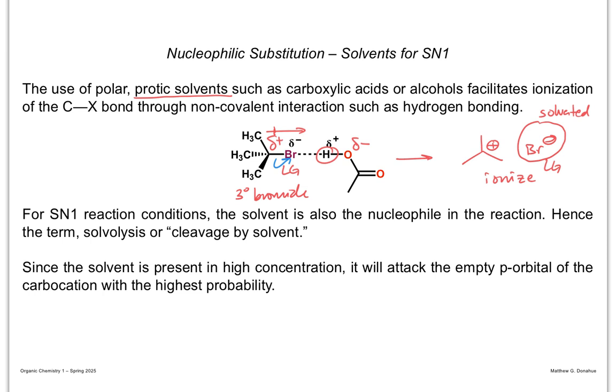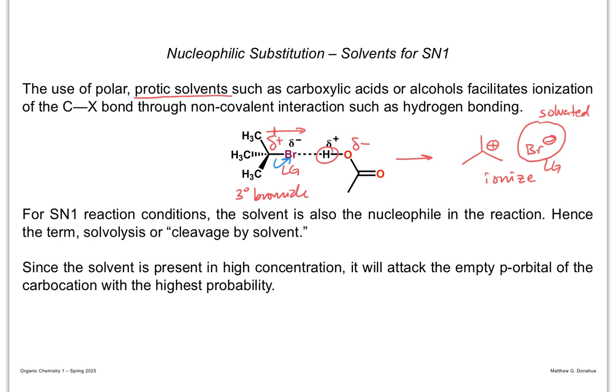So again, solvent is what we run the reactions in. It's typically a liquid. In terms of the molar ratio, you have a lot of solvent molecules per every one molecule of your substrate. So it's there in high concentration. Therefore, competitively, it acts as the nucleophile as well.